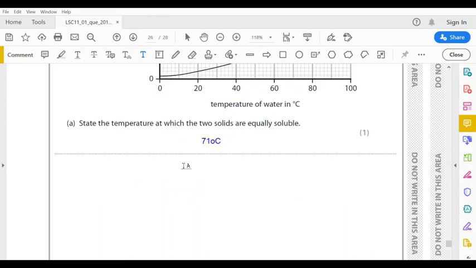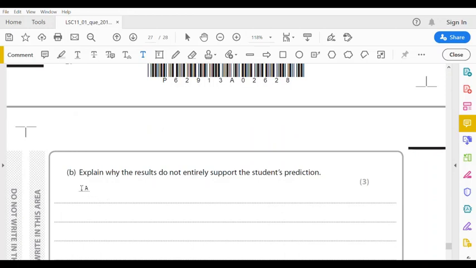So we can say when the temperature increases, more of solid A and B dissolves.